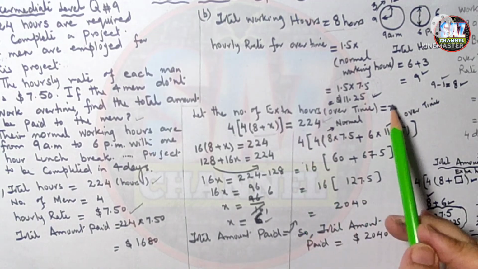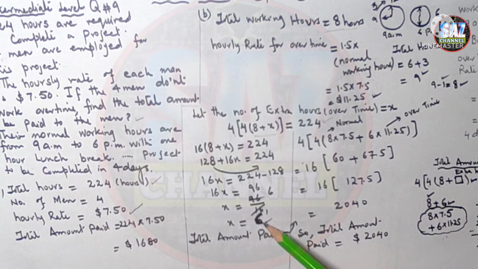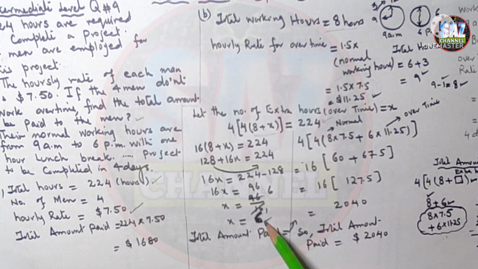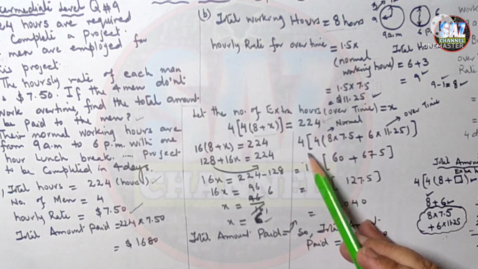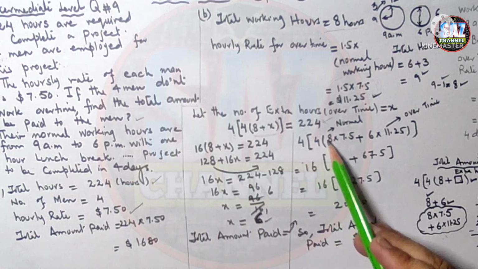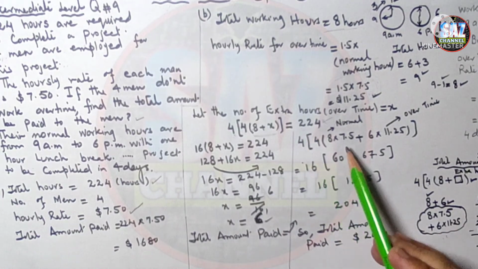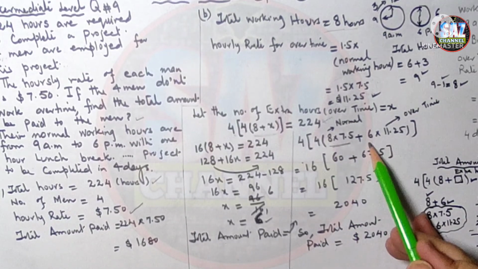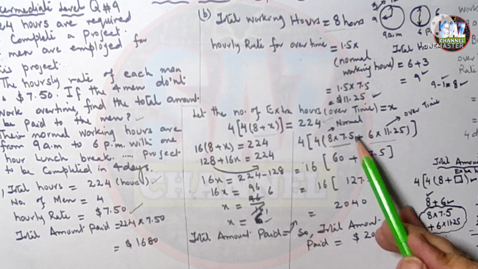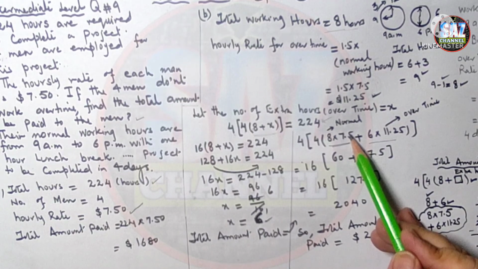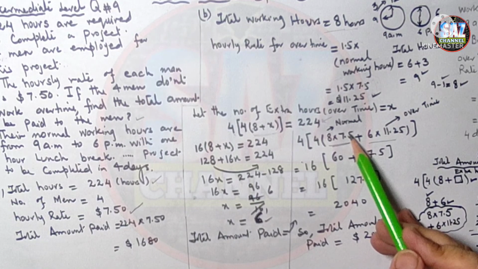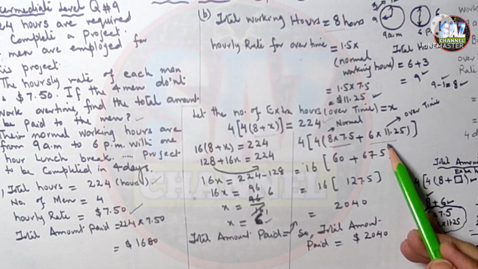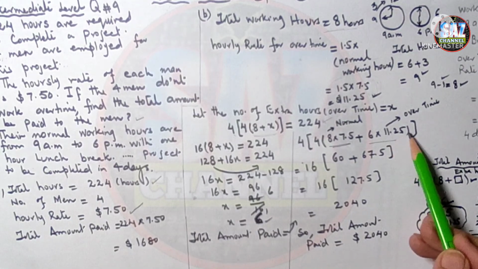We supposed x is the number of extra hours, and we got x equals 6. Then the amount the owner of the project gives to the labor is the normal working hours plus the extra working hours. For the normal working hours they are given $7.5 hourly rate, and for the extra hours they are given 11.25.